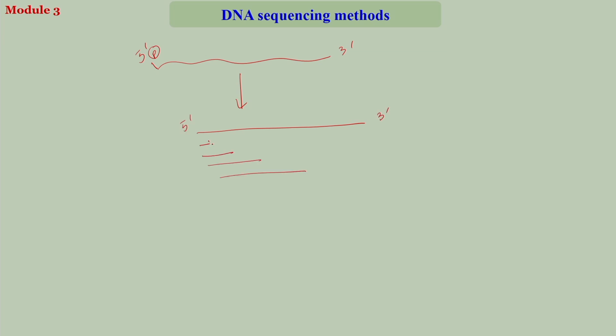So, your chain would be terminated, this should be 3 prime, this should be 5 prime, should be 3 prime, should be 5 prime. So, the synthesis of the complementary strand would be stopped at every base pair, and that is how you can get fragments of all lengths of DNA and analyze them using gel electrophoresis. That is what we have seen in the last class.